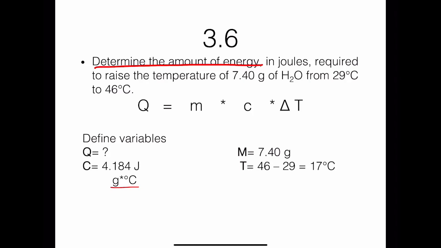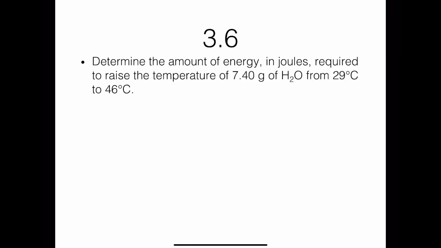But for water, you do need to know that that value is 4.184. So if you see H2O or water, that's the value you're going to use for C. And then a change in temperature, they give us the low temperature of 29 and they tell us it was raised to 46, which means the change in temperature is 17 degrees Celsius. So now we've defined all our variables, we know what we're solving for, we just have to plug in these values.